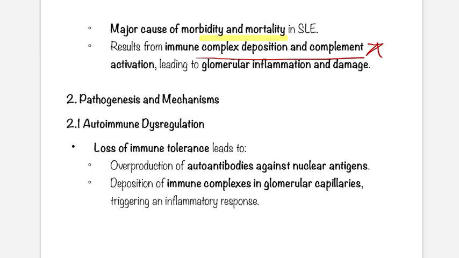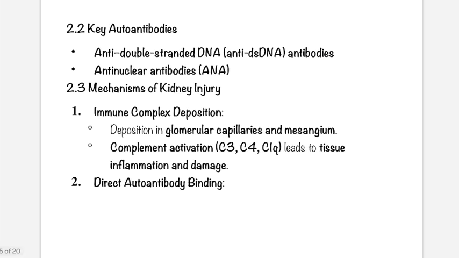If someone asks what is the mechanism of lupus nephritis, what is the pathogenesis behind it? Autoimmune dysregulation, to be more precise, loss of immune tolerance, overproduction of autoantibodies against nuclear antigen, and deposition of immune complexes in glomerular capillaries. The autoantibodies are anti-dsDNA and anti-nuclear antibodies.